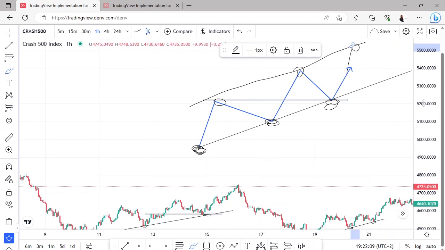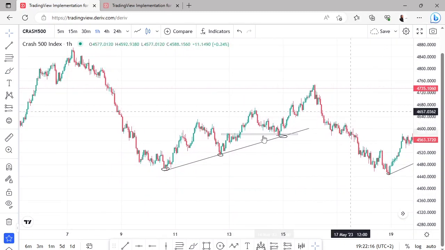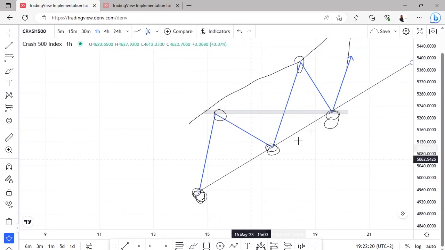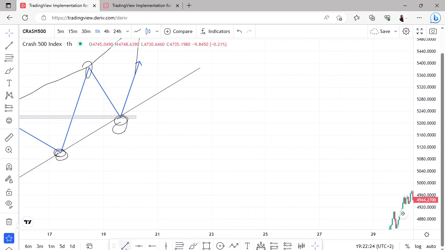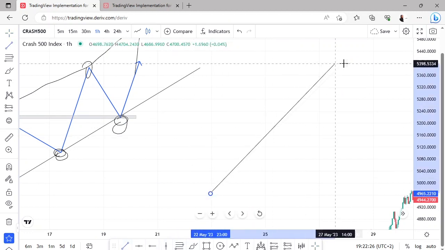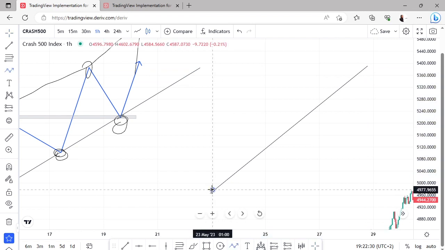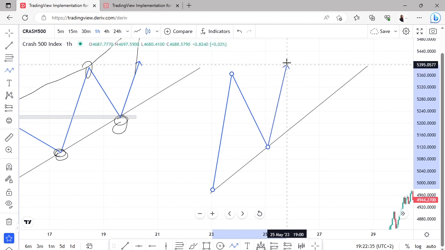So let's get into the chart. Let me go back to the chart. I have two examples here. There's this type of setup whereby you have 3 touches and also a zone. Then there's also something like this, whereby the market just does this.